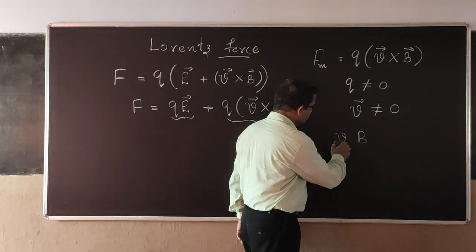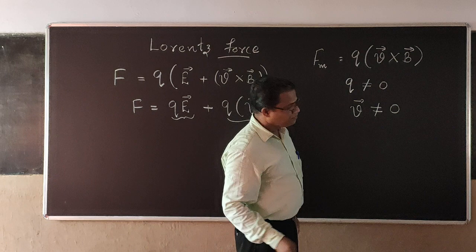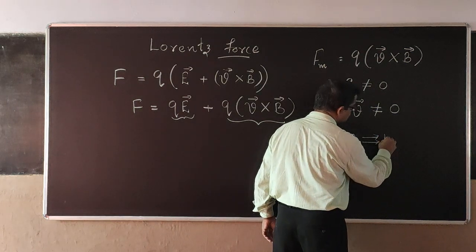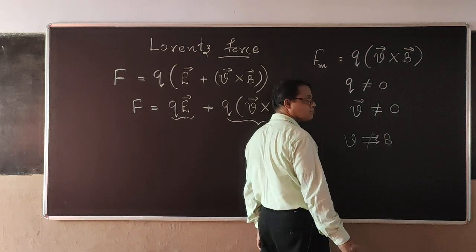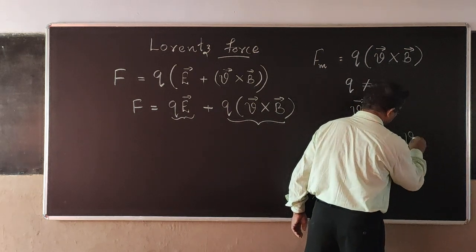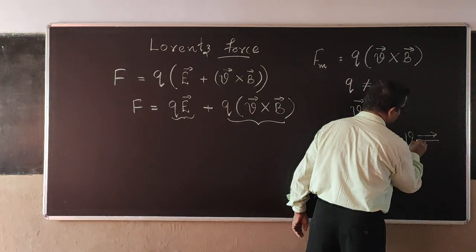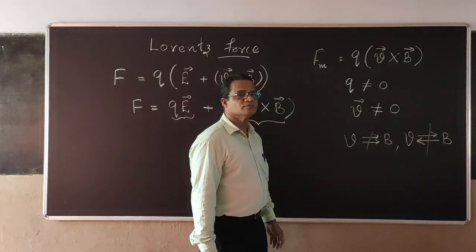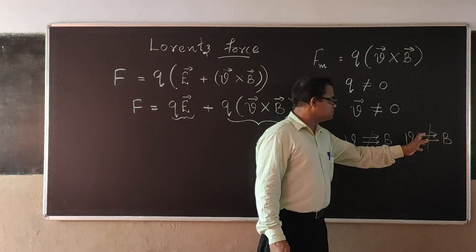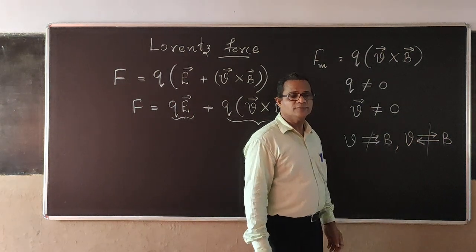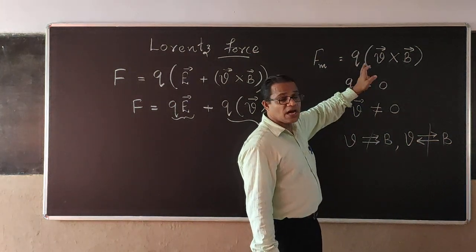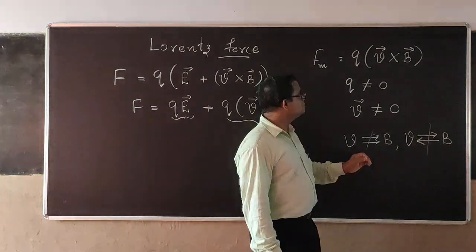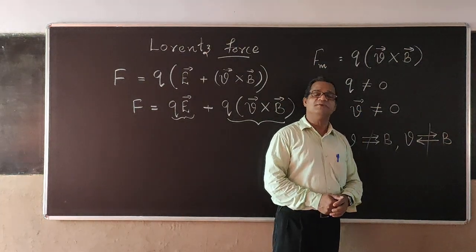That means V should not be parallel to B, or V should not be anti-parallel to B. Now these are the conditions required for a charged particle to experience a force in the magnetic field.